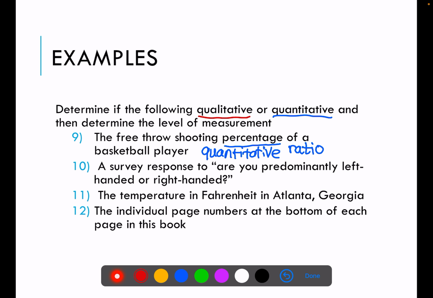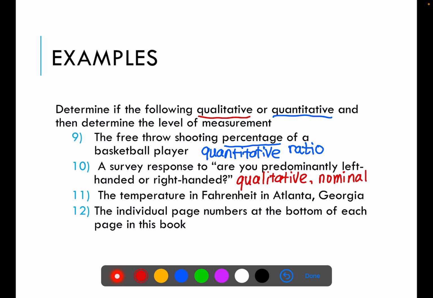So the answer is just left or right. It's categorical, so it's qualitative. And is it nominal or ordinal? So we think about, is there a natural order? Not really. So it's nominal level of measurement.